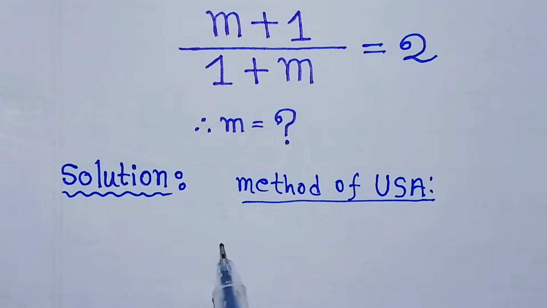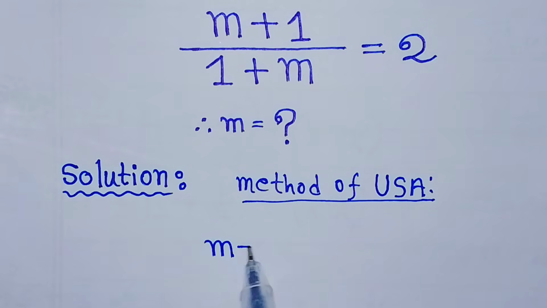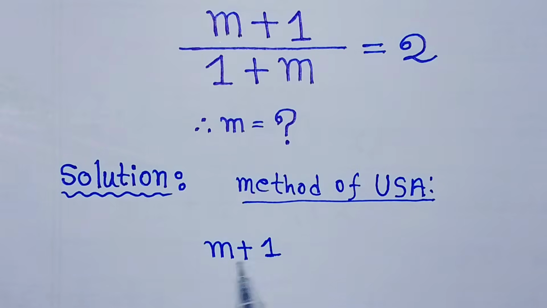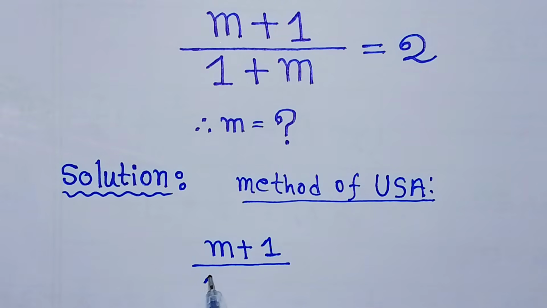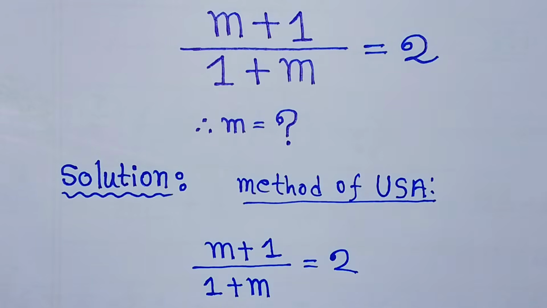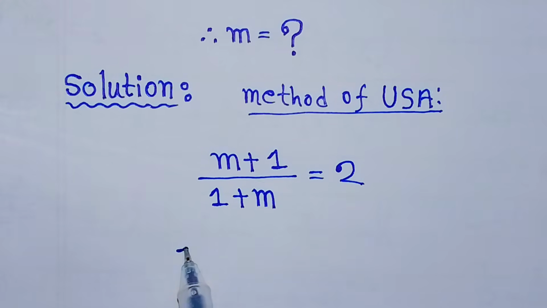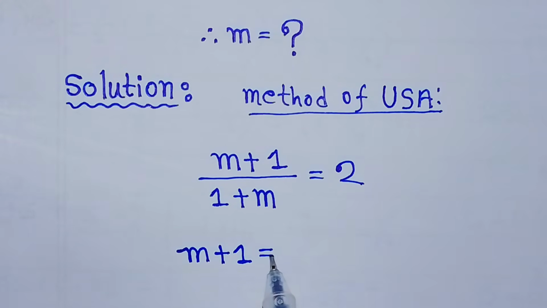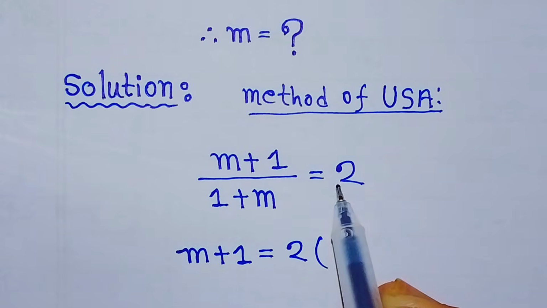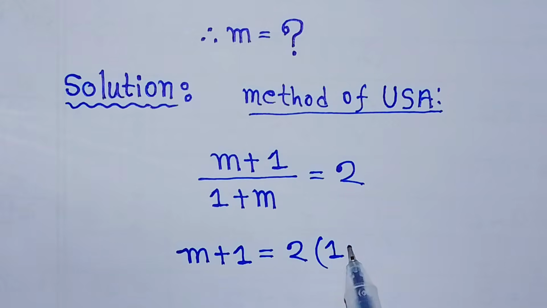At first you will write here (m + 1)/(1 + m) is equal to 2, which is given to us. Now we can write, by applying multiplication rules, m + 1 is equal to 2 times (1 + m).